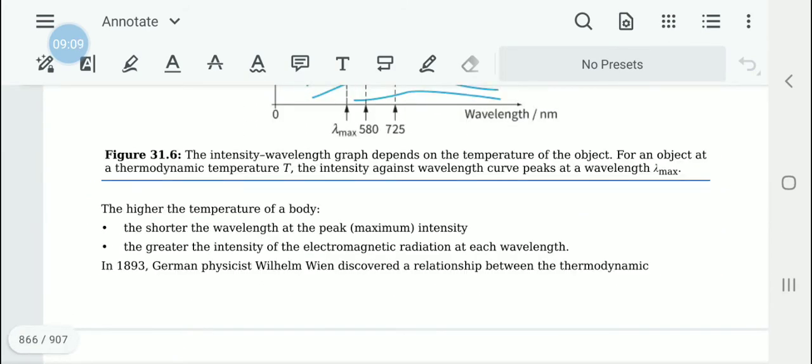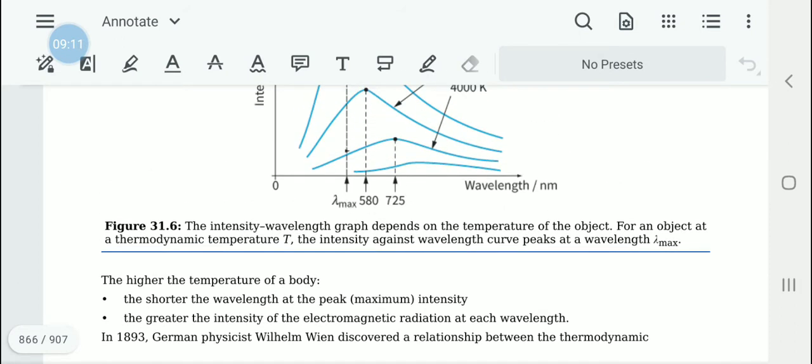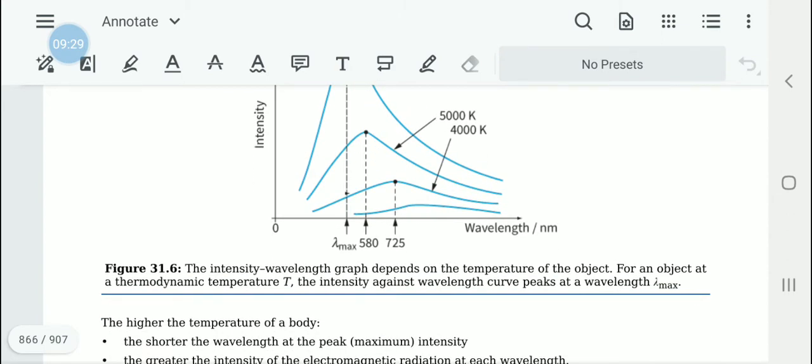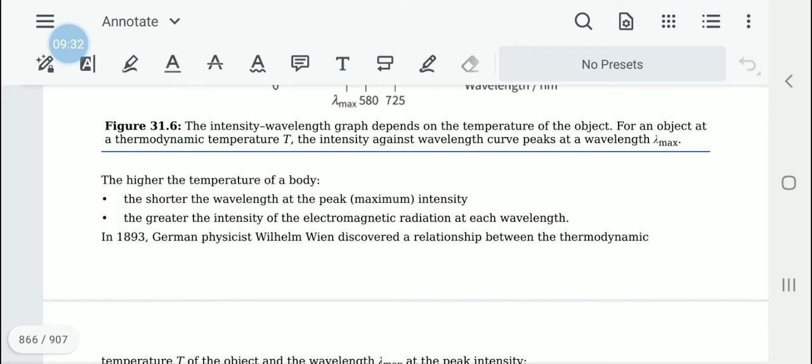So the characteristics that we can understand from this is, for an object at a thermodynamic temperature T, the intensity against wavelength curve peaks at a wavelength lambda max. So the intensity is going to peak at lambda max.